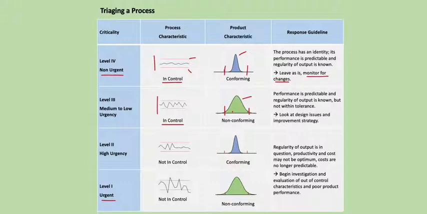I also want to point out that the control limits here are not the same as the specification limits here. A lot of times people get confused. They say, well, the graph shows everything's within these limits, and they're thinking those are specification limits, but they're not.